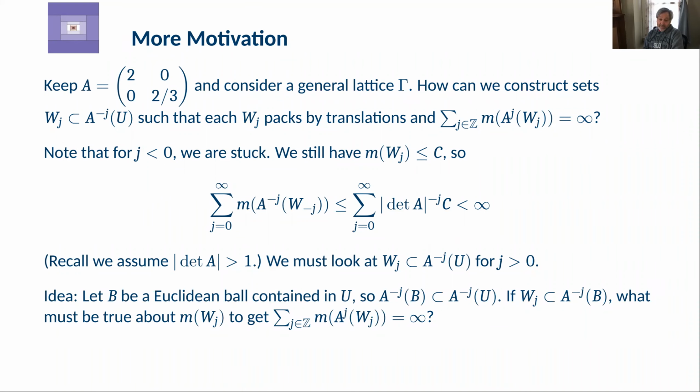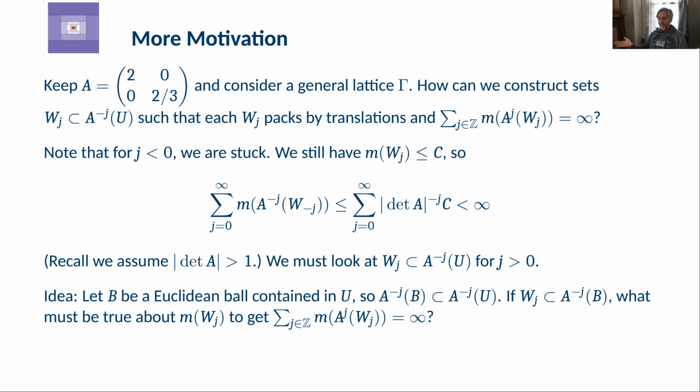So what's our idea? Well, the idea seems again a little optimistic. We picked a Euclidean ball contained in U, so that, of course, a to the negative j of that ball is contained in a to the negative j of U. And then we thought, what if we just took the largest possible subset of that that still packs?